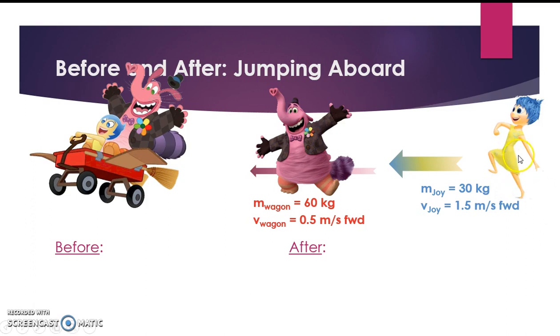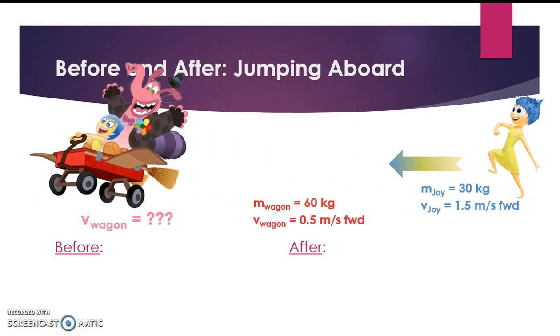Here's the problem, the running jump. Joy is going to run and jump onto that wagon. Now, set up your before and after columns and answer the important question, before what and after what. Pause for setup, press play when you're ready. We want to find the speed of the wagon after she's jumped aboard.